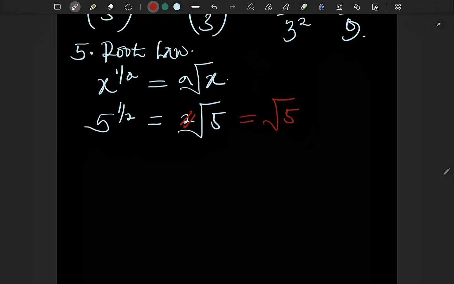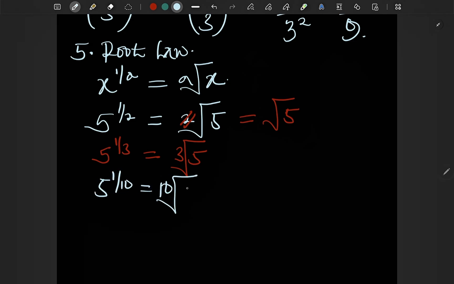However, if we go beyond square root, let's say 5 raised to power 1 over 3, it has to be indicated cube root of 5. 5 raised to power 1 over 10, 10th root of 5. Therefore, how about a case where we have various power?